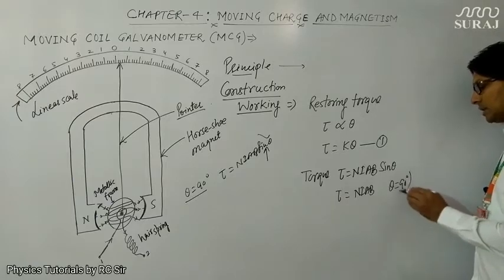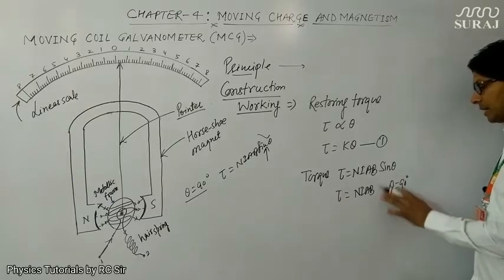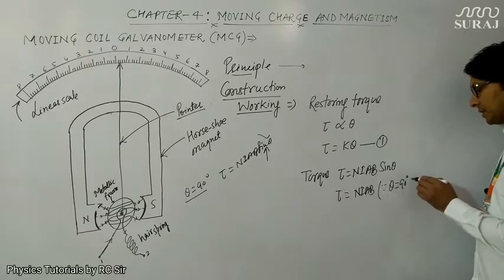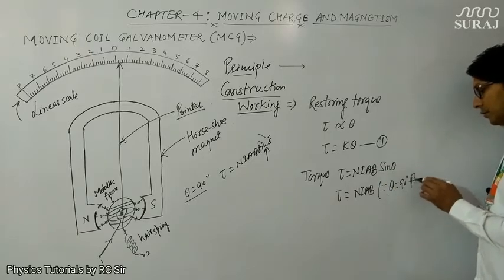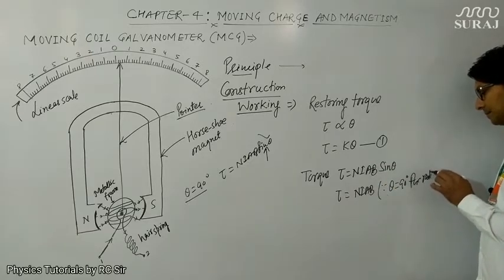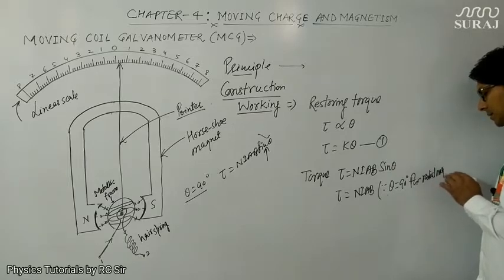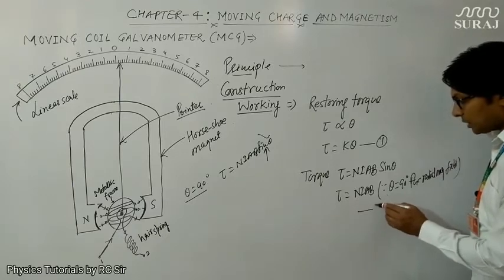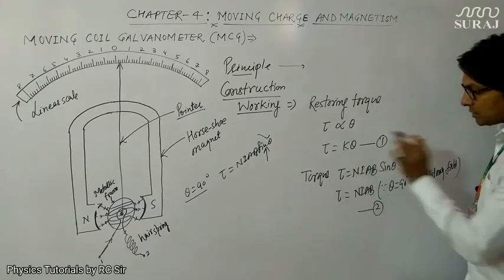So this theta is 90 degrees for a radial magnetic field, which we have discussed earlier. Now this is also the expression of torque.